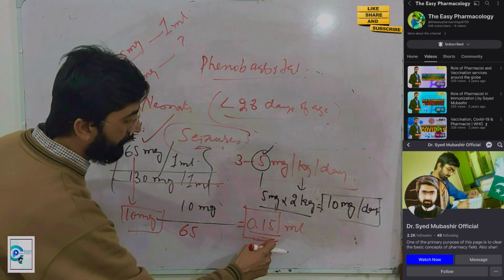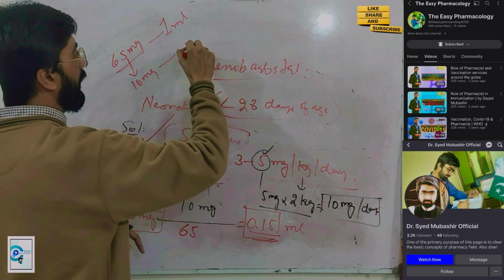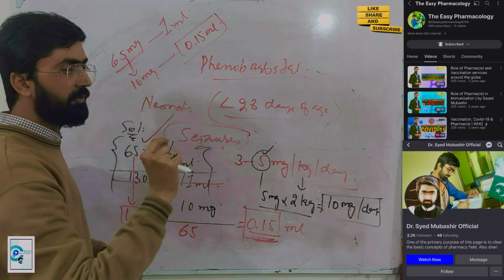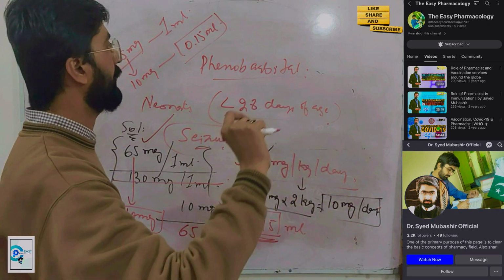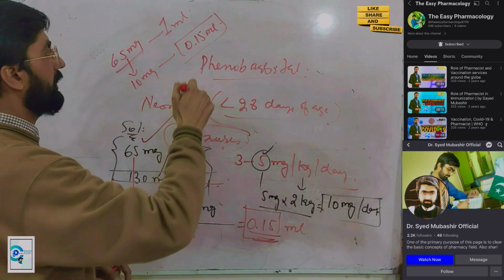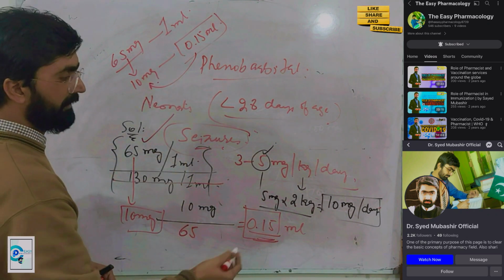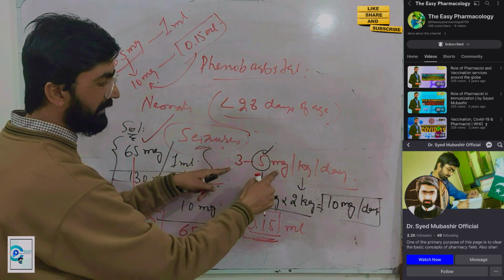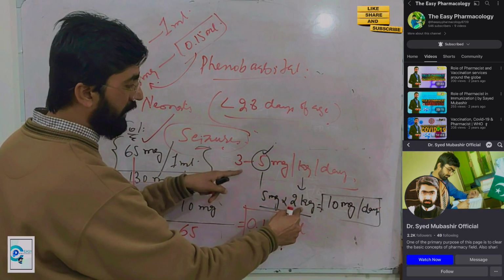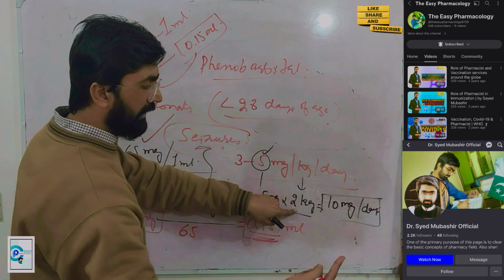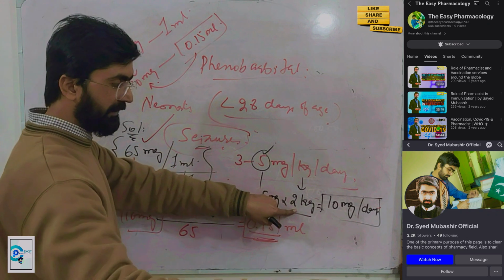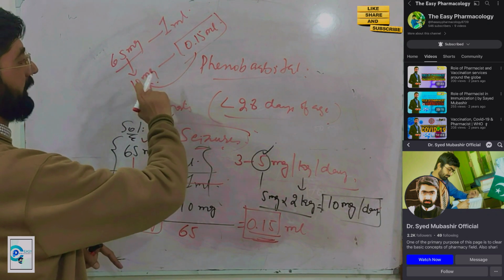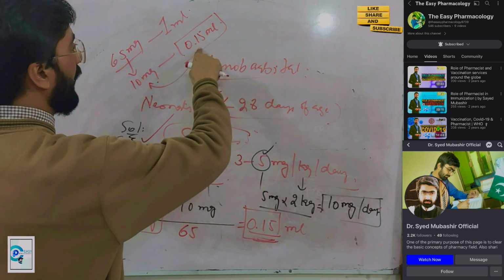From the calculation we came to know that if we take 0.15 ml and inject it to the child patient, the neonate, we can deliver 10 milligram of the dose. This 10 milligram is calculated from the recommended dose of 3 to 5 milligram per kg, and the patient's weight is 2 kg. So for giving 10 milligram we will give 0.15 ml.